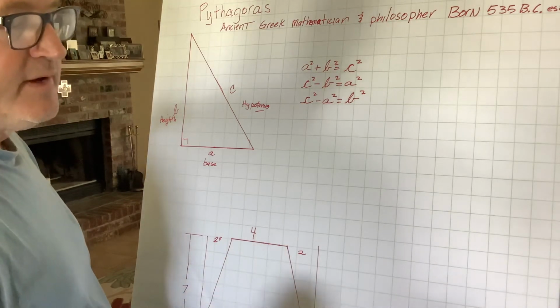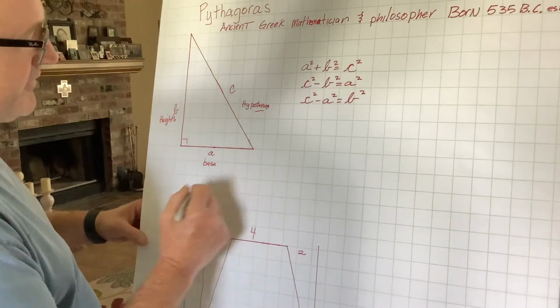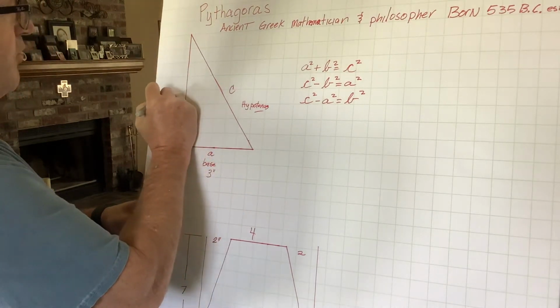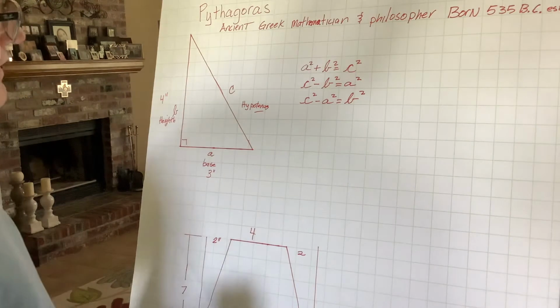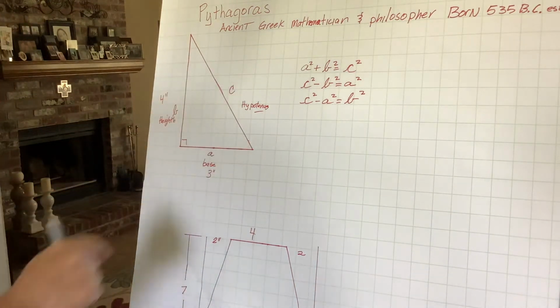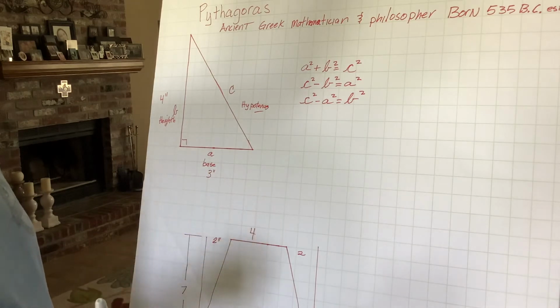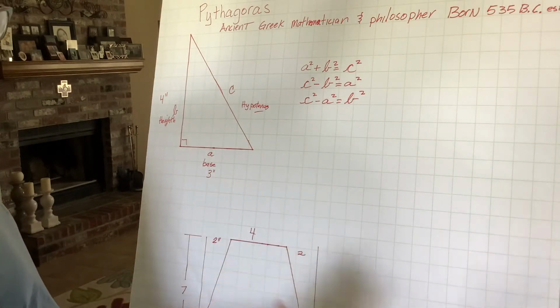We'll get into that a little bit later, but let's just use this, and let's put this as 3 inches, this at 4 inches, okay? And then we're going to figure out what this long side is. What squared means is you multiply it by itself. So 2 squared would be 2 times 2, which would be 4.